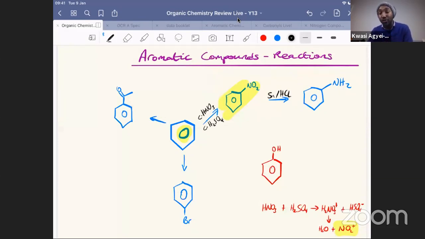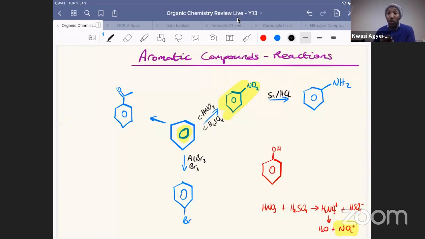If you're trying to brominate benzene, then you will need a halogen carrier catalyst, such as in this instance AlBr3, and you would need Br2 as well. So the AlBr3 reacts with Br2 to form AlBr4- and the Br+ electrophile.